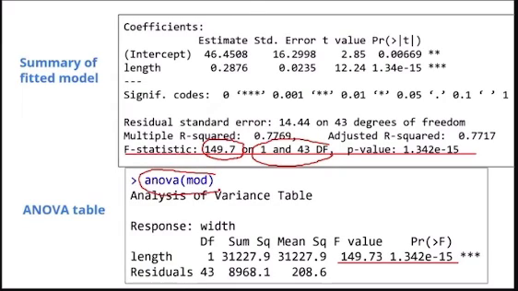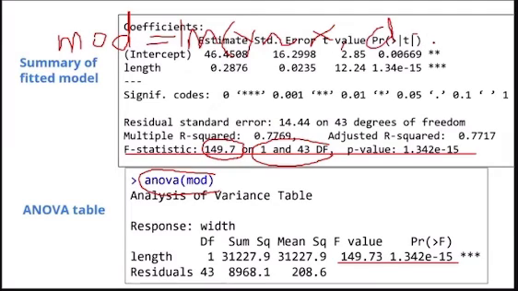Your mod is what you get when you do lm: mod equals lm, whatever your Y is on X, where you have your data. Now, when you want to get the ANOVA, you just write anova(mod).